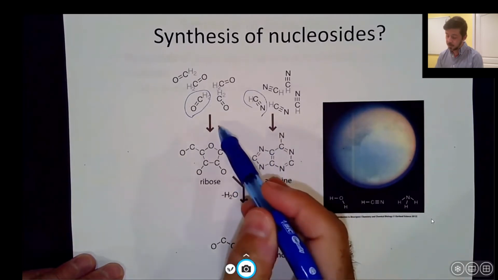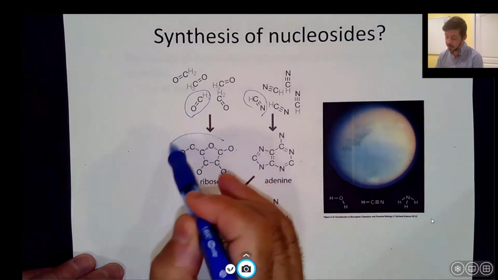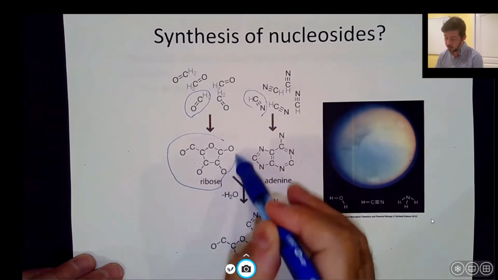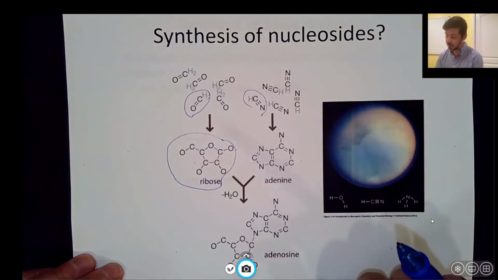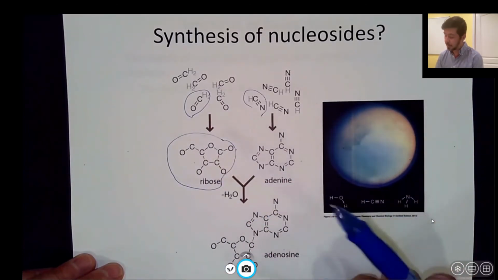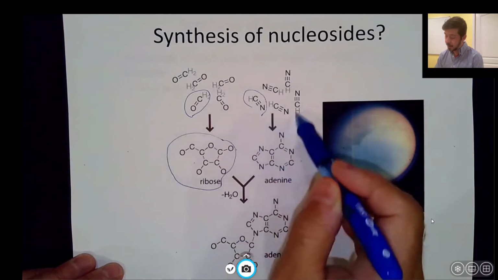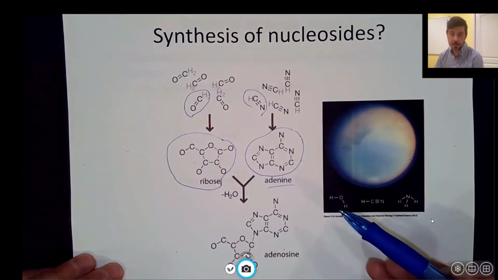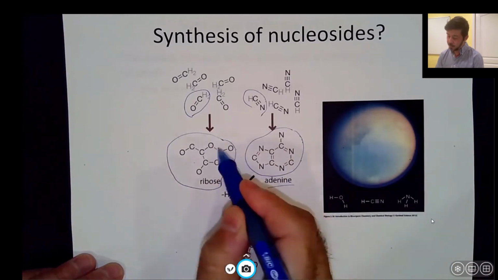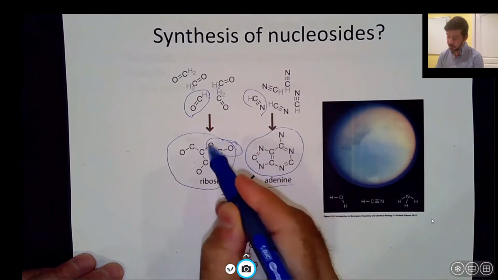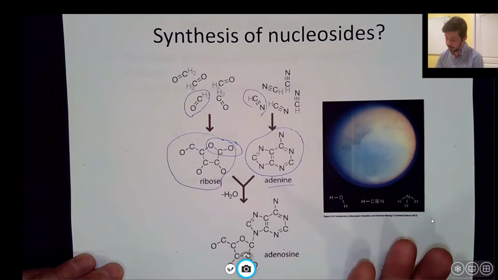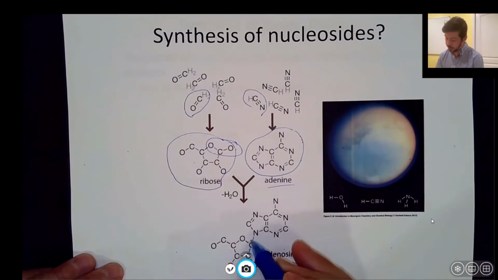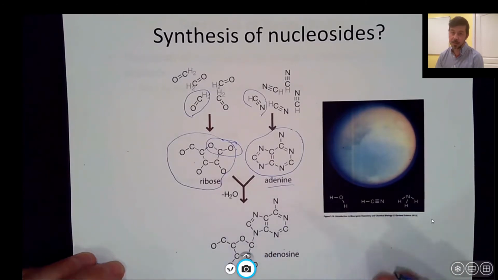So could these carbon units be used to make ribose, which we know is the basic sugar backbone of DNA? And could the hydrogen cyanide units be used to make heterocycles, things like adenine? And then later on, there'd be a way to join them together through that oxocarbenium ion that we talked about last lecture to generate the N-glycosidic bond in adenosine, right?